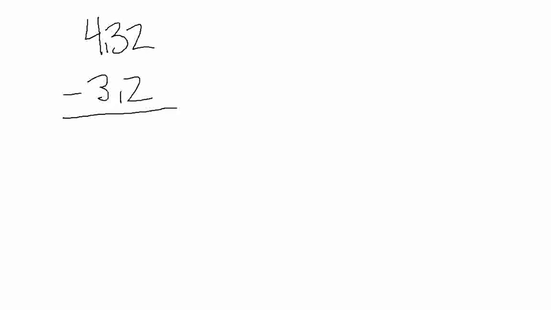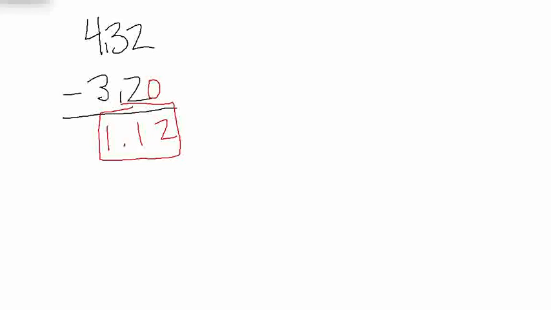All right, so I'll work it out as well. So I'm going to add a 0 to the rightmost column, and now I can subtract 0 from 2 and get 2, 2 from 3 and get 1, 3 from 4 and get 1, so the answer is 1.12. All right?